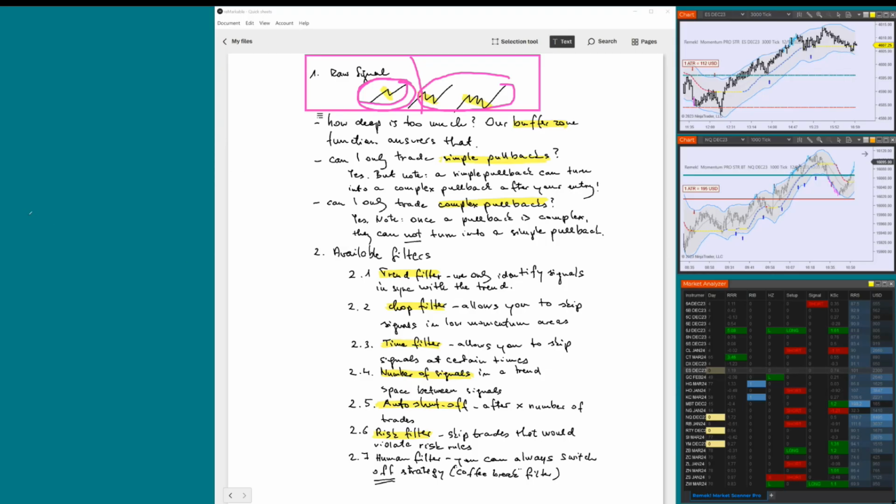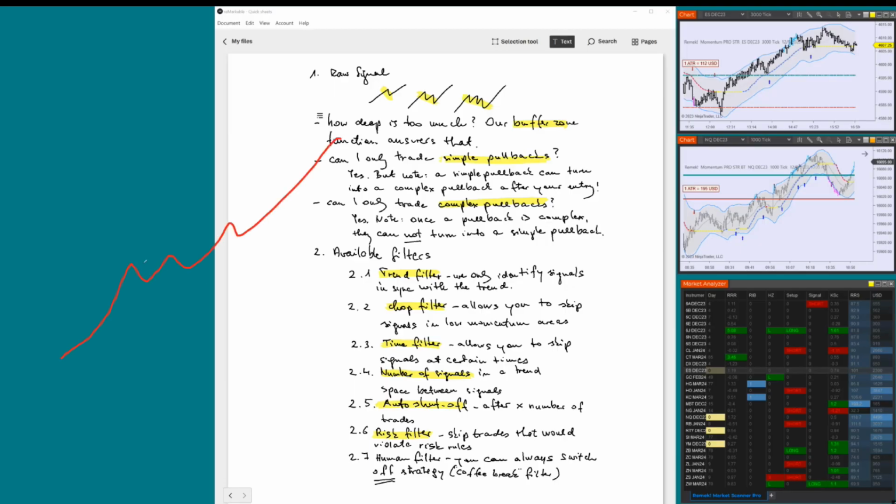The question becomes then, okay, we have zigzags, we have pullbacks, we have consolidation areas, but how much of a good thing is too much? So for example, the market goes like this, and this looks like a horizontal consolidation area. This looks like a usable area, but what if the pullback, is this something that I will want to consider trading to the upside?